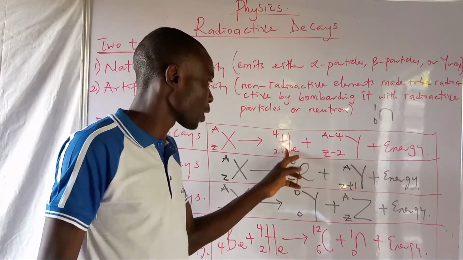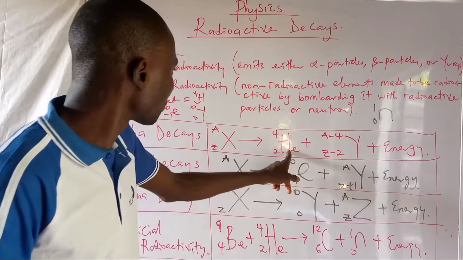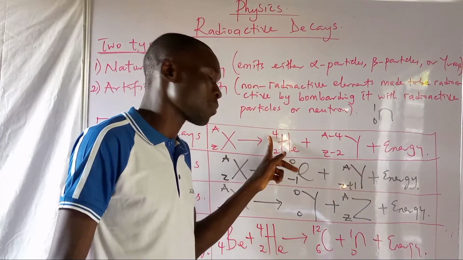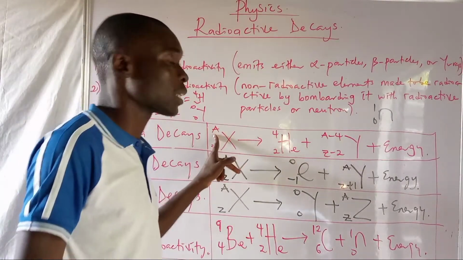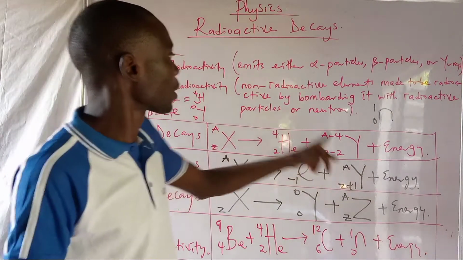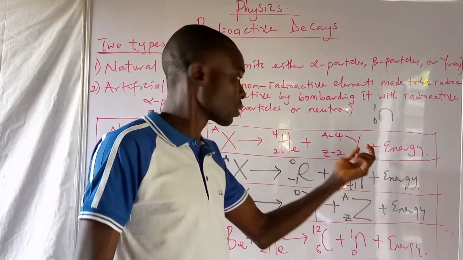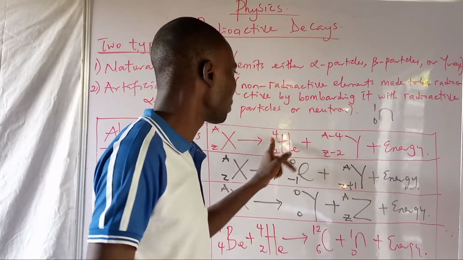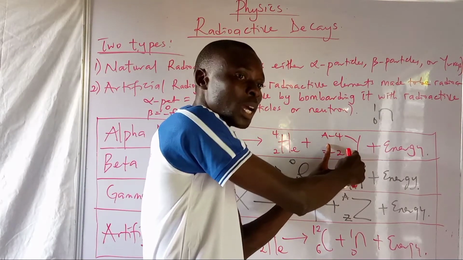This helium-4-2 is an alpha particle. When it has produced an alpha particle, look at it having mass number 4. So we are going to take away 4 from the original mass number in order to have a balanced radioactive equation. So A minus 4 will give us the mass number that will belong to the new element formed.